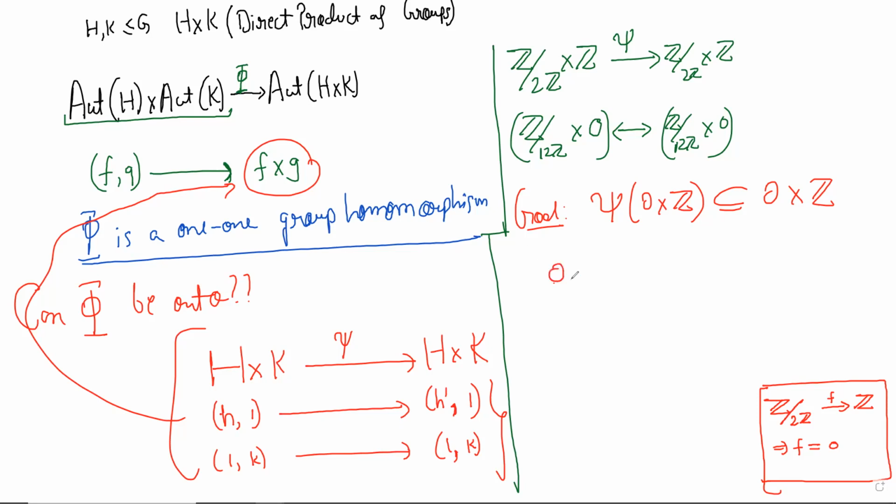Okay, so if you just say that psi of 0 comma n goes to some a comma something, where this is some phi n, because this part will also be a group homomorphism. I agree, this part is slightly complicated, maybe I'll need some time to say this.